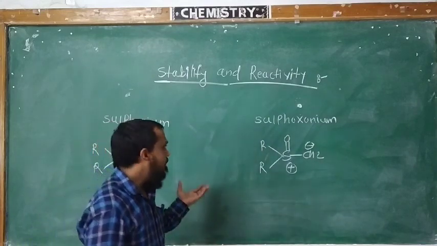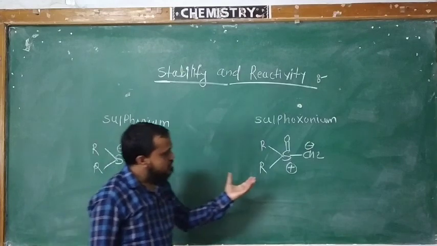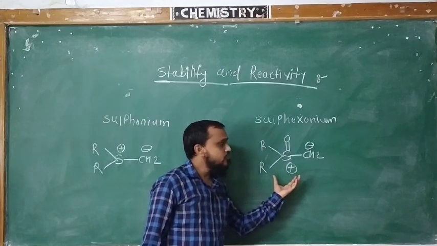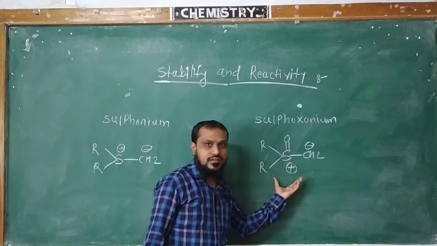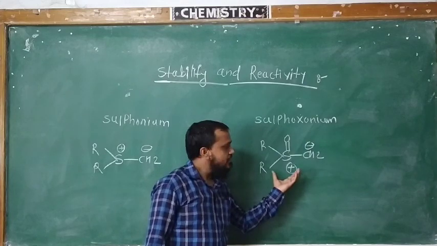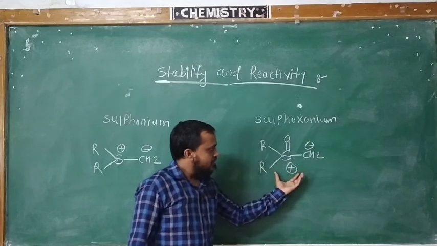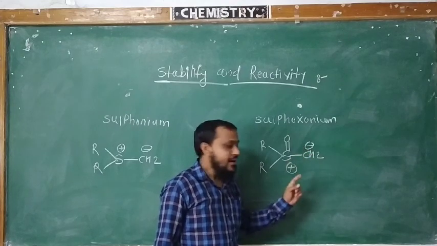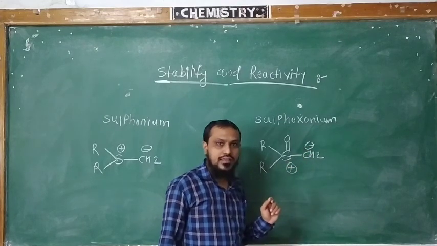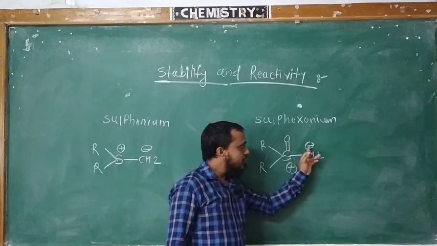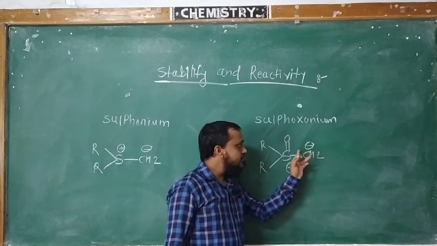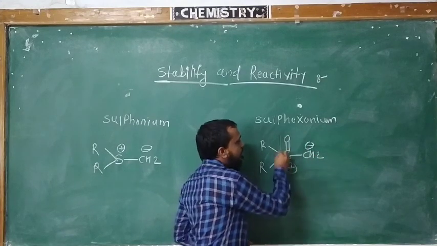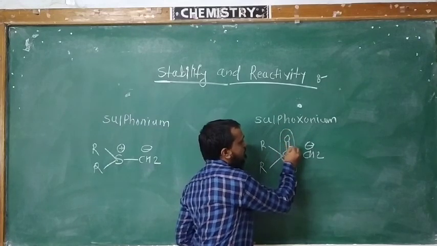Okay, when we observe the structure of sulfoxonium ylide, we know that it has a negative charge carbon atom. It acts as a nucleophile. Okay, and the negative charge of the carbon is stabilized with the sulfur oxide bond.